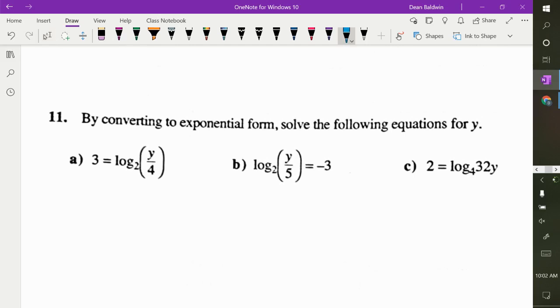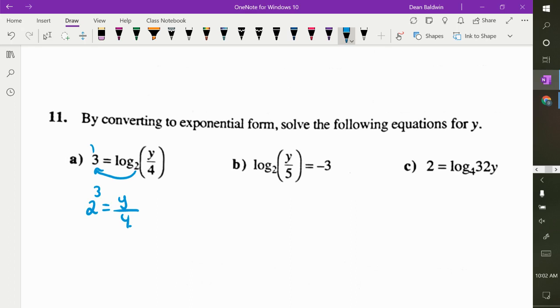So, it's asking you to solve for y, like actually figure out the number, okay? So it's in logarithmic form. We need to get rid of the log. What do I do? How do you get rid of it? So you change to exponential. So the 2 moves over and kicks the 3 up. So I get 2 cubed is equal to y over 4.